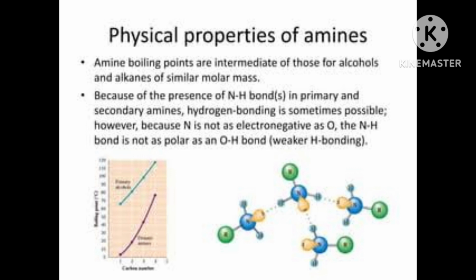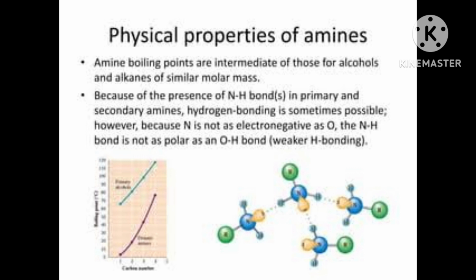Primary amines with 3 or more carbon atoms are liquid. This is also an important point. Primary amines with 3 or more carbon atoms are liquid, and still higher ones are solid.